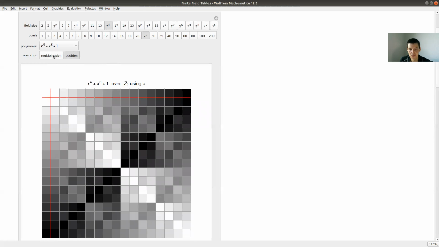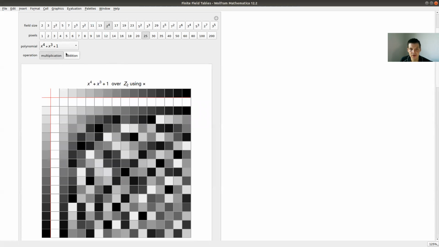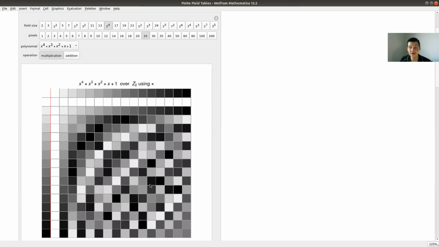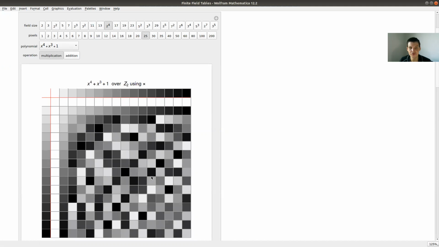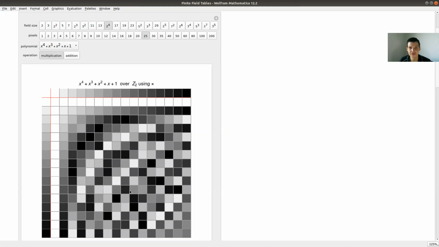And you can vary the polynomial if you want. You get slightly different things, but actually they are isomorphic, which is a non-trivial result. For different polynomials, they will be isomorphic. But basically what you do is you take your degree 4 polynomial, and you can construct the field of the corresponding size, in this case of size 2 to the 4.